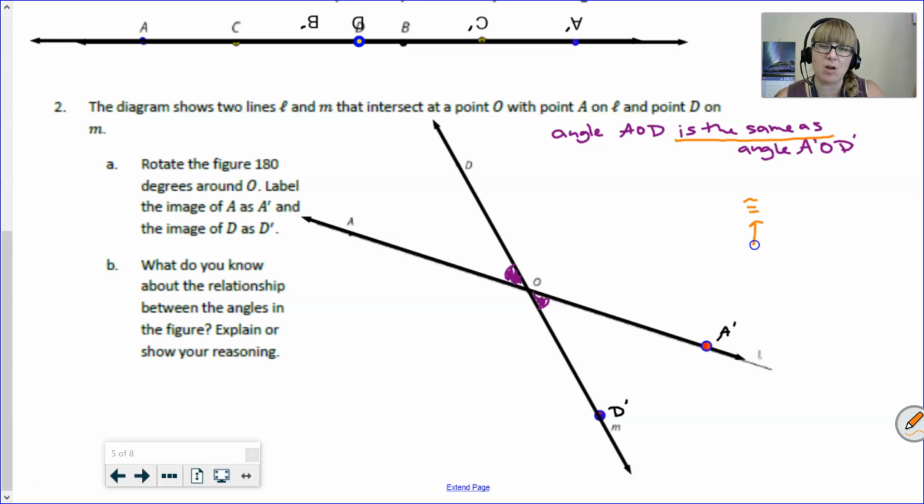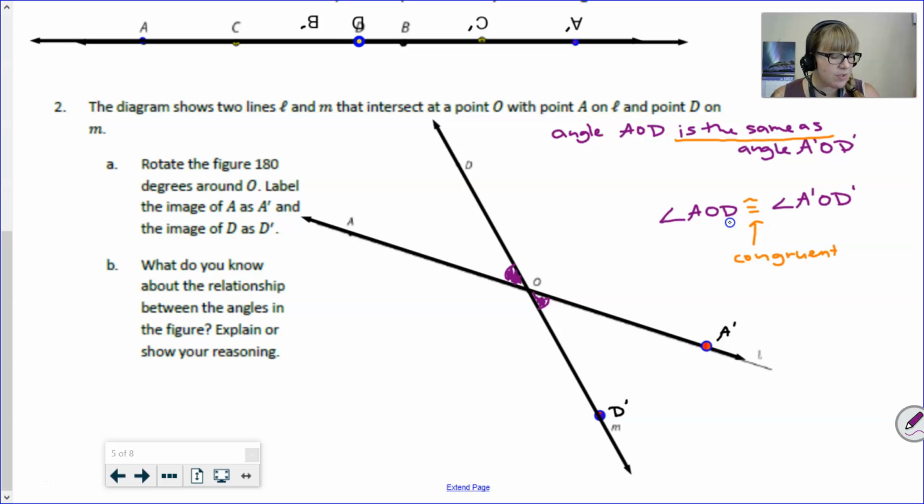And that symbol is called congruent. It's like equal, but it's a geometric term when we're talking about two figures being the same. So angle AOD, again angle, I'm lazy, so I'm going to use this symbol here to represent angle. AOD is congruent to angle A prime O D prime. So this is in English, and this is in math symbols because we're lazy, and so we like to shorten those kinds of things.